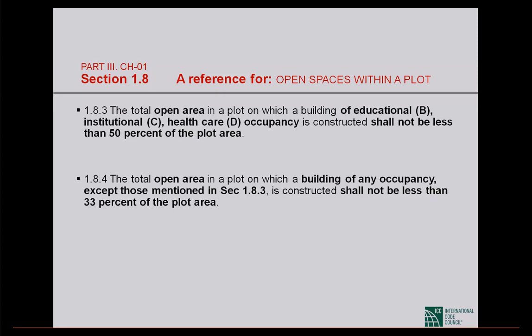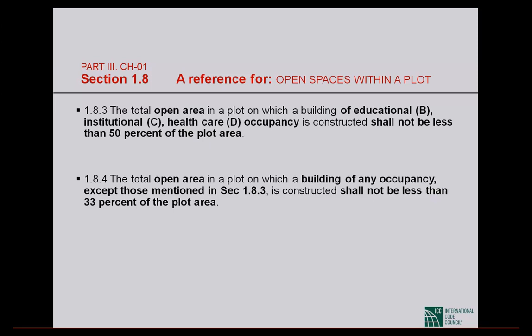I have taken two subtopics here, two sections from 1.8. Those are very much relevant to each of the occupancies. So what does it mention? It mentions that for educational, institutional, and healthcare occupancy, the total open area in a plot shall not be less than 50% of the plot area.